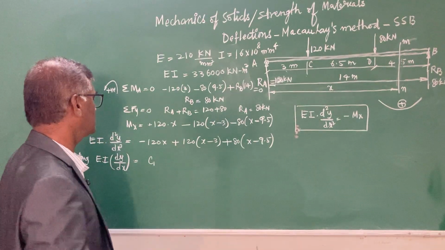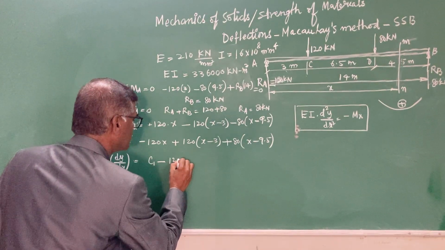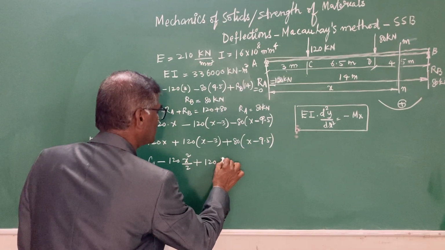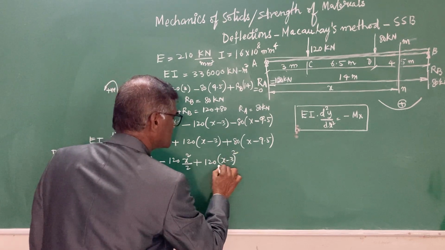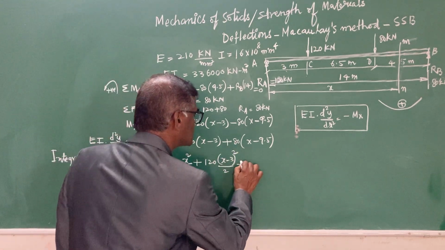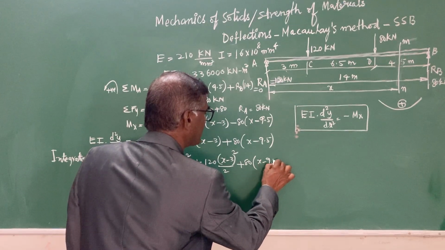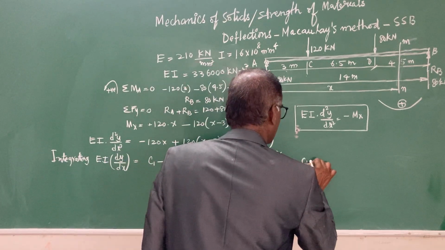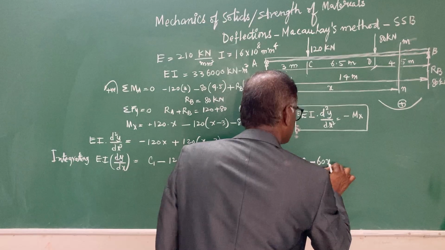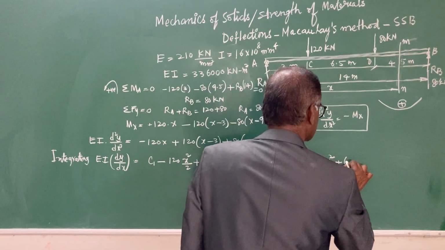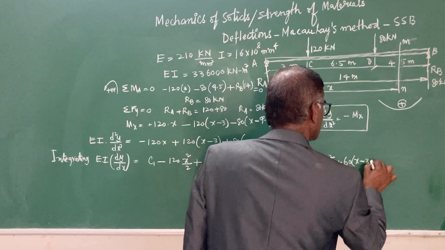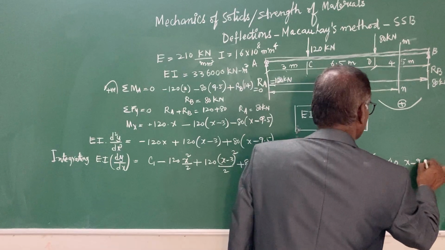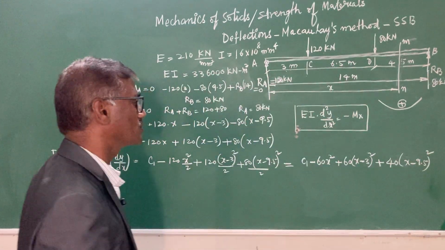C1 is the constant of integration, and here 80 times the integral of x is x square by 2, plus 120 times the integral of x minus 3, which is x minus 3 square by 2, plus 80 times x minus 9.5 square by 2. Further you can simplify: C1 minus 40 x square plus 60 x minus 3 square plus 40 x minus 9.5 square. This is your slope equation.